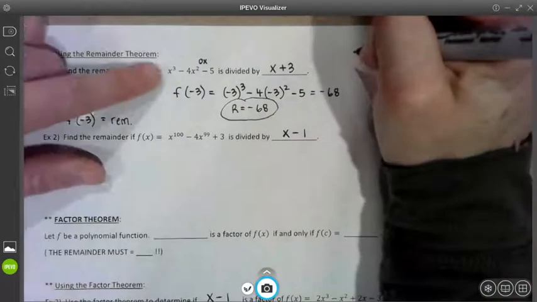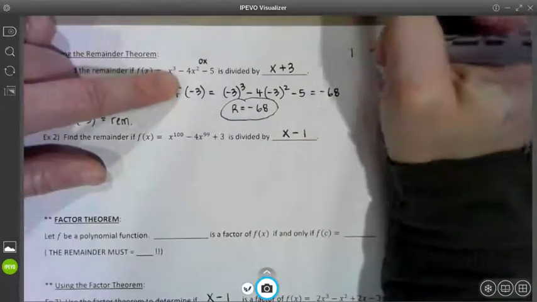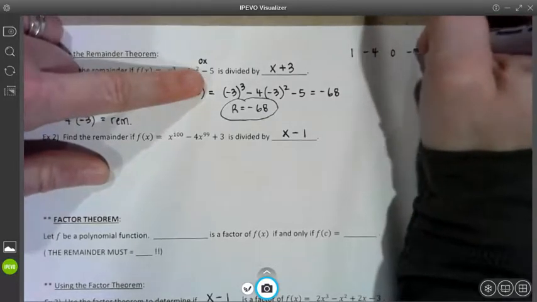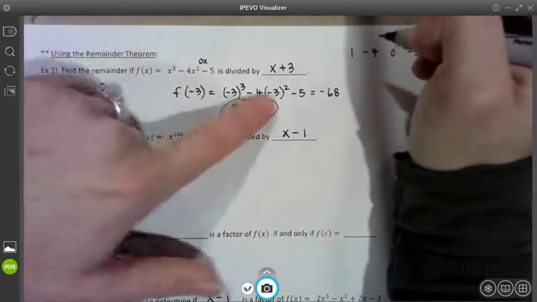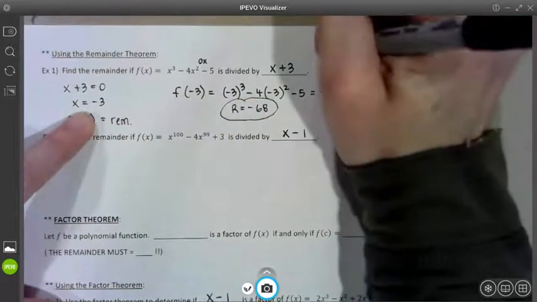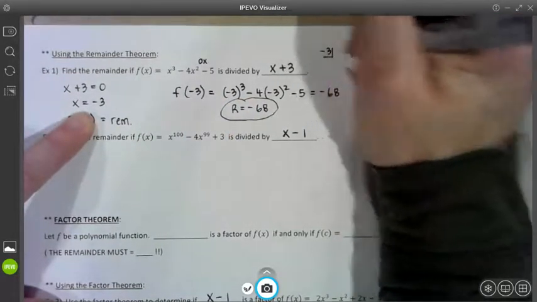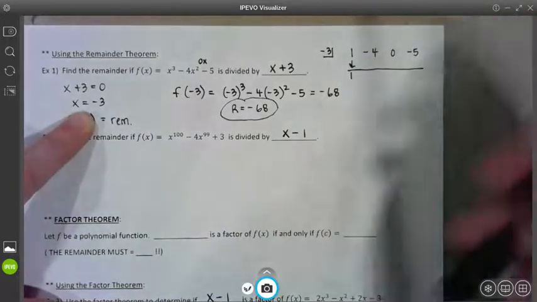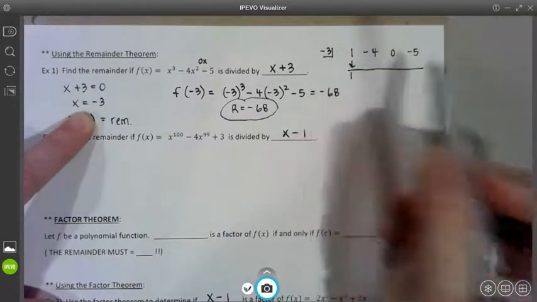So you would take 1, negative 4, 0, and negative 5, right? You would take the coefficients, and then you would use that magic number, negative 3, and this was a shortcut to long division. You would bring that first coefficient down, and you would do a multiply-add process all the way to the end.